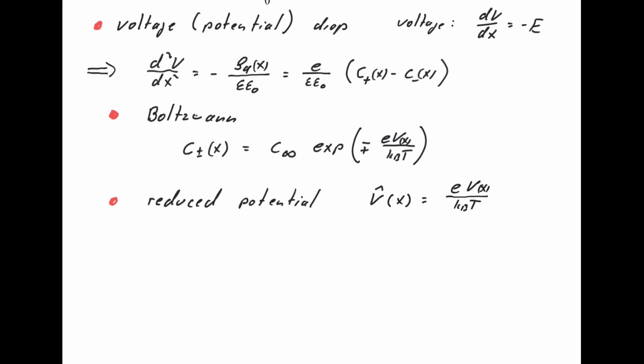By further introducing a reduced potential V hat, which is the energy of an electron in the potential V in relation to the thermal energy, so V hat is equal to e times V divided by kBT, we rewrite the above equation into a second order differential equation in this reduced potential.